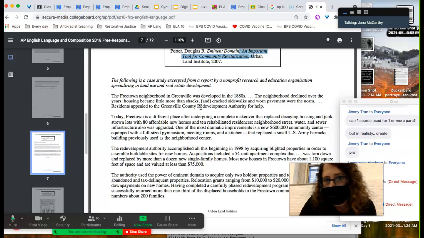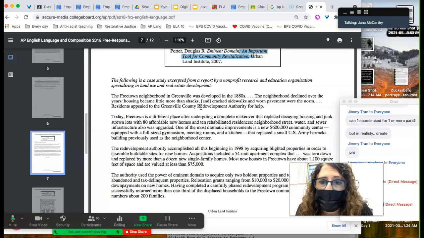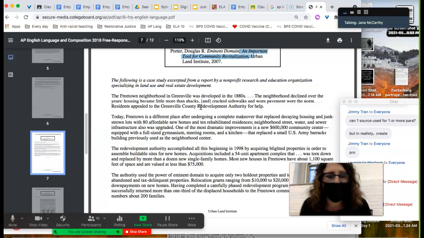How do you write this as a counter? This convinces me that eminent domain is actually good. My God, it changed this community, and it was. While eminent domain is known to revitalize communities, in fact, the revitalization is destructive to its residents who deserve a place to live where they have lived for generations.